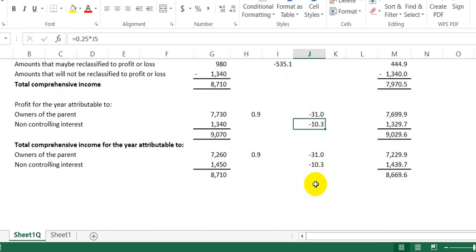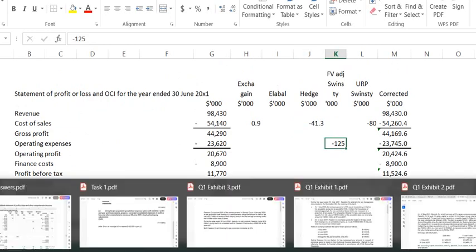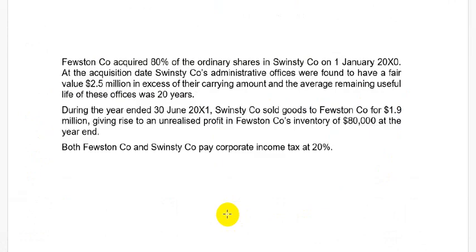fair value adjustment came from exhibit 3. Was it 3? Fair value adjustment came from exhibit 3, where the parent owns 80%.